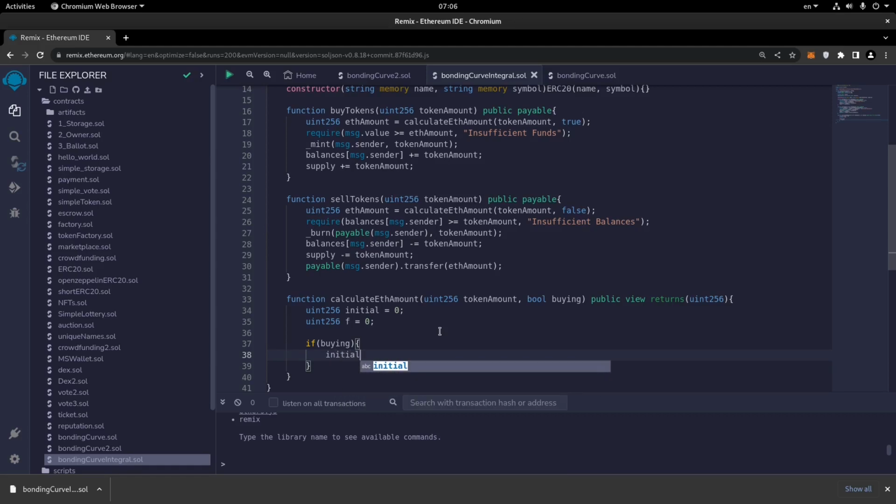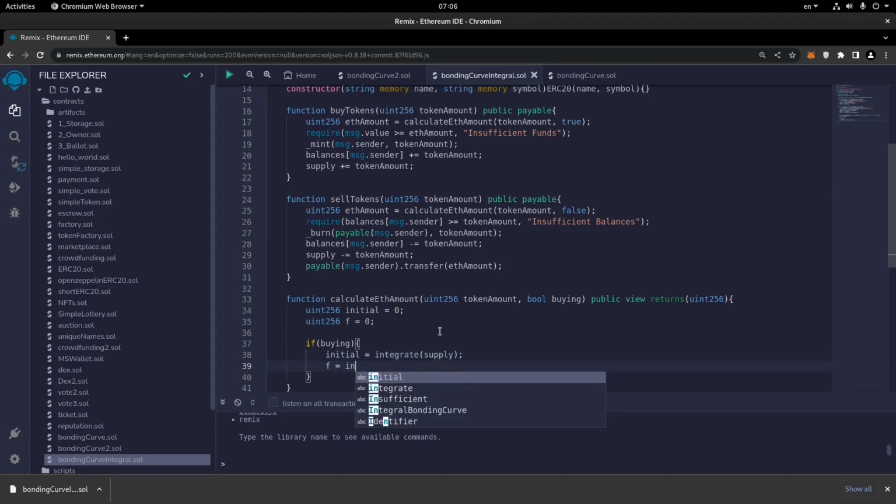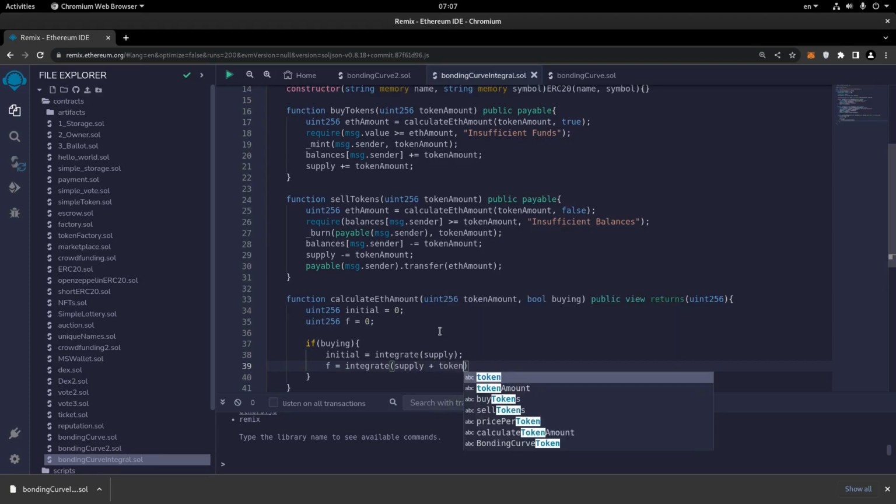The initial will change to integrate, and integrate is a function that I'm going to write later, but it will get the supply value. Then I'm also going to calculate the final value. So f equals integrate of the supply plus token amount.